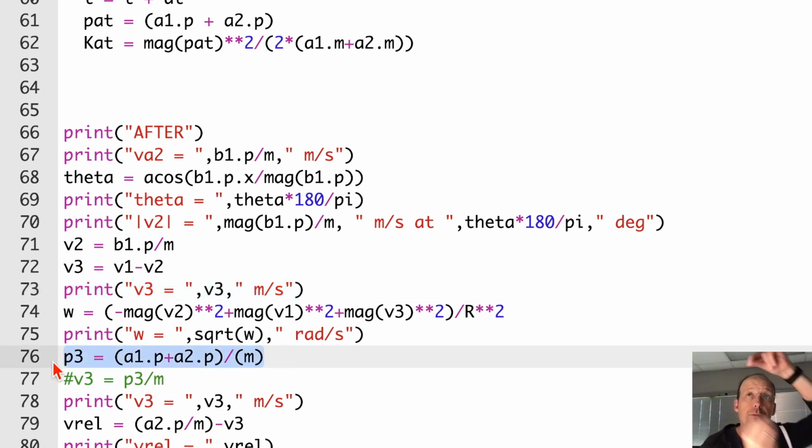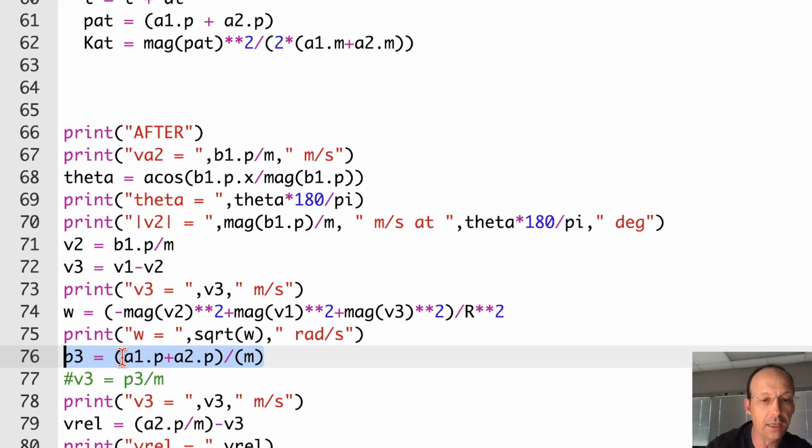I have two objects rotating for that bar. I need to find the momentum of the center of mass, which is just the average momentum. I can sum up the momentums. So it's momentum A plus momentum B, and then to find the velocity of the relative center of mass, I divide by the total mass, which is m.